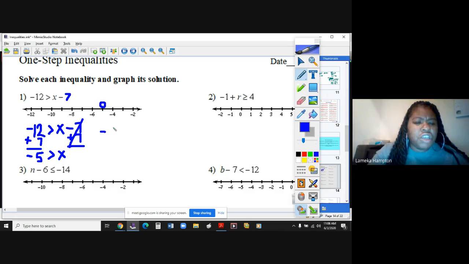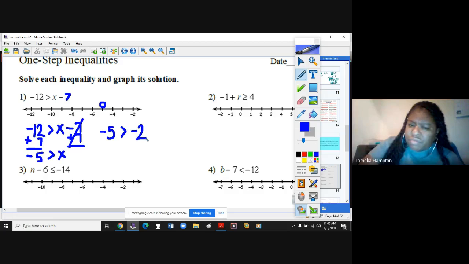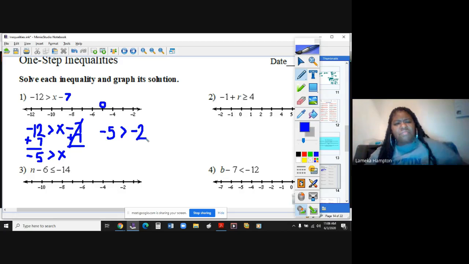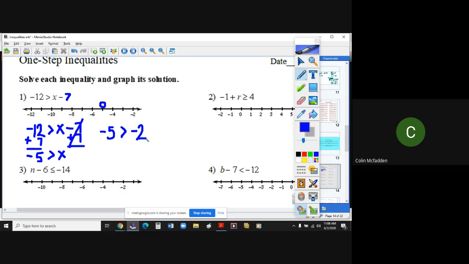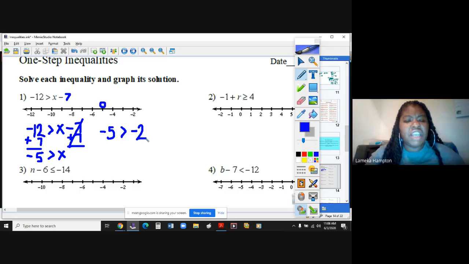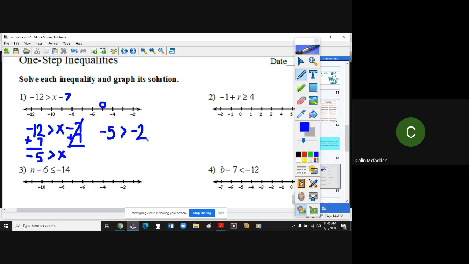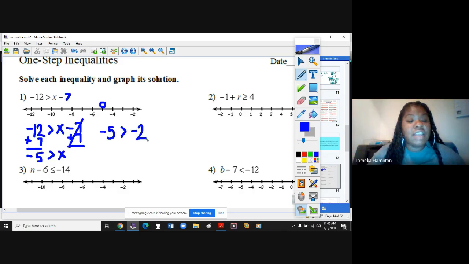So what you would do is you would say, is negative 5 less than negative 2? Is that a true statement? Is negative 5 greater than negative 2? Is that true? No, it is not true. Because remember, when you are dealing with negative numbers, the number that is closest to zero is the greater number.